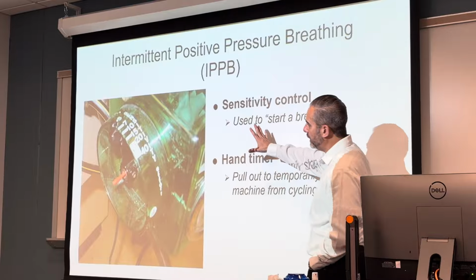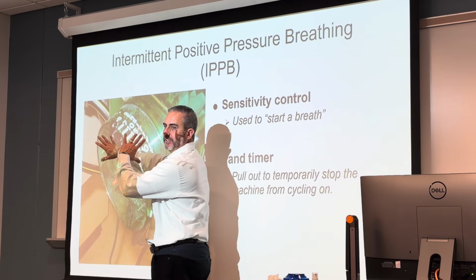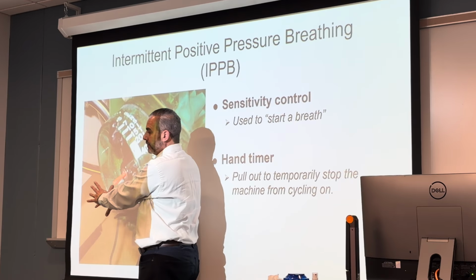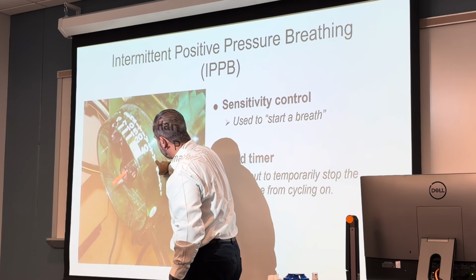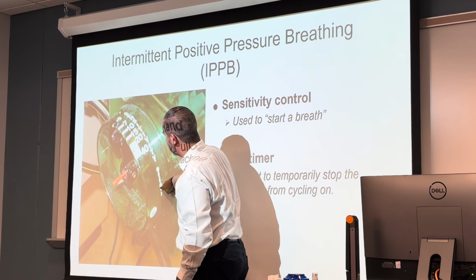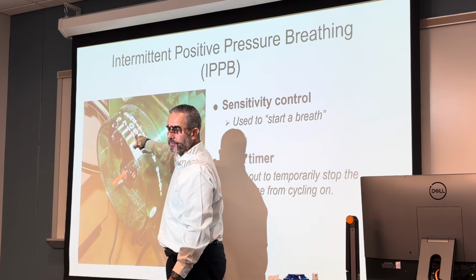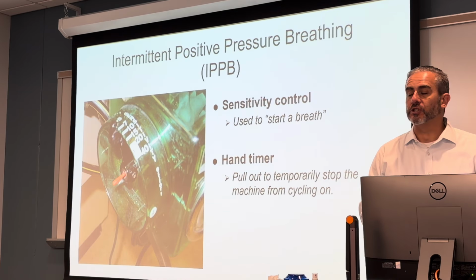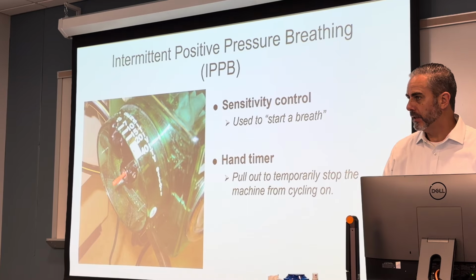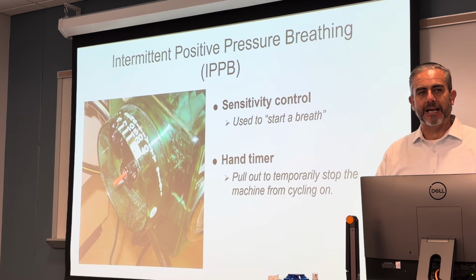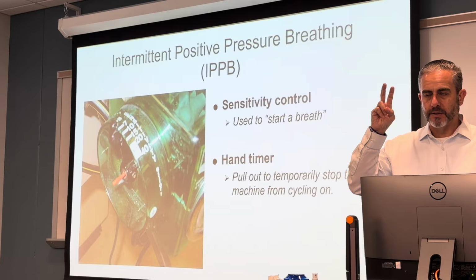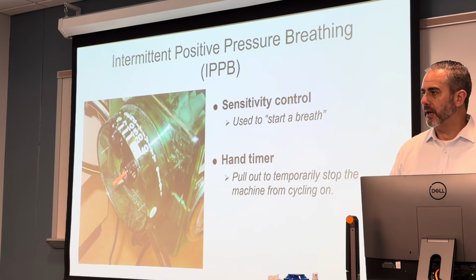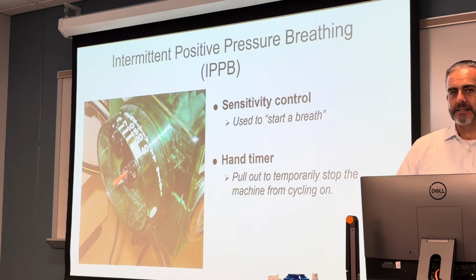Looking at the far left-hand side of the machine, it says sensitivity effort here, with some numbers. The sensitivity control is what we use to help the patient start the breath. I'll use the term sensitivity as trigger. This is what triggers the machine to come on.